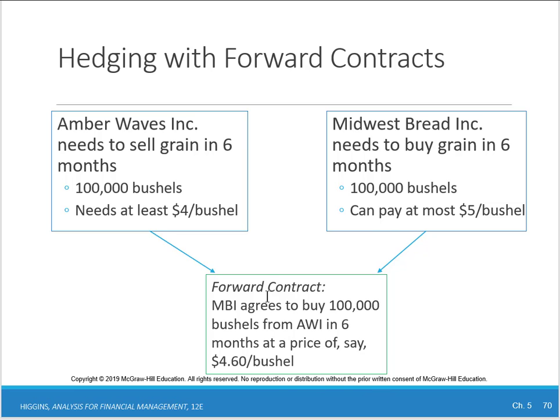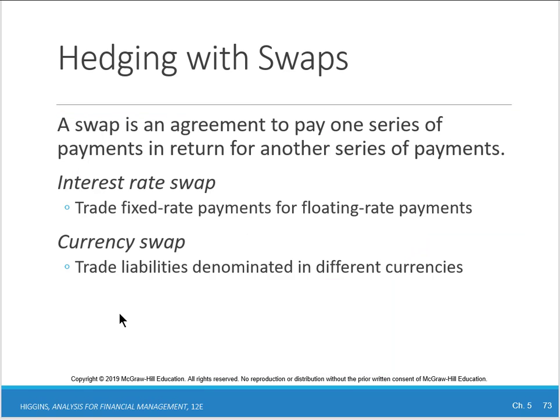So they buy this at $4.60 and they think it's going to go to $5. So they actually make 40 cents on the transaction because they think the price is going to go higher. So we have those businesses that are trying to reduce risk. And we also have investors who are trying to speculate against price changes.